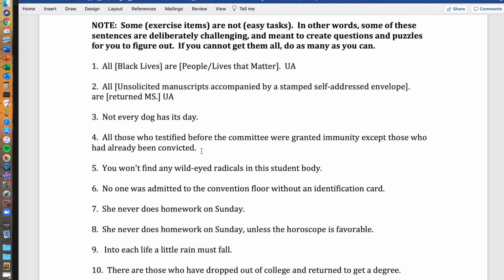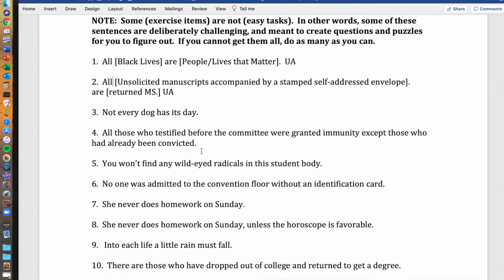Number 3, not every dog has its day. So in this case, there's a good clue right at the beginning, not. So it tells us it's very likely a negative statement, and not every, right, means less than every, that is fewer than every. And so we have a particular statement.